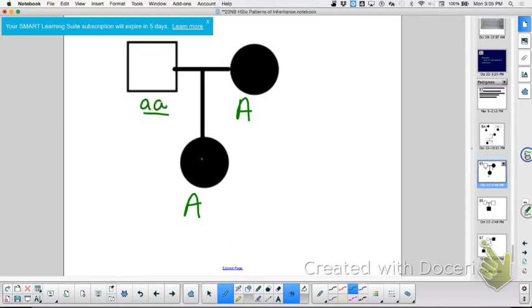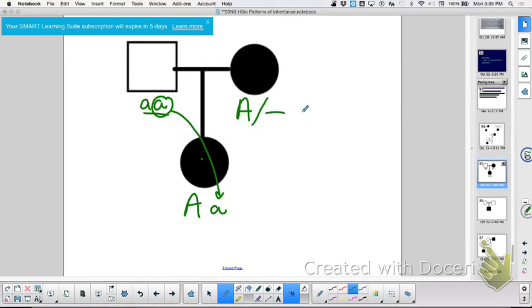Every single time, this dad is always going to give a little a. I know this individual has a big A because we said it's an autosomal dominant trait, right? Do I know what this letter is right here? No, I have no idea. So will this work for an autosomal dominant trait? Yeah. Is it possible? Yes.